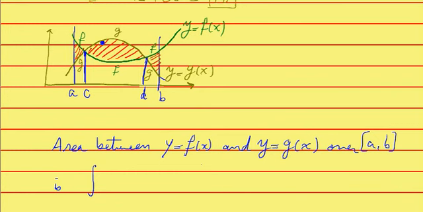well, let's see, what is the difficulty? The difficulty is that you want the height to be a positive quantity. If I use f minus g in this region, what I really need is g minus f. So how can I cure that? Very simple. Just put it in absolute value.